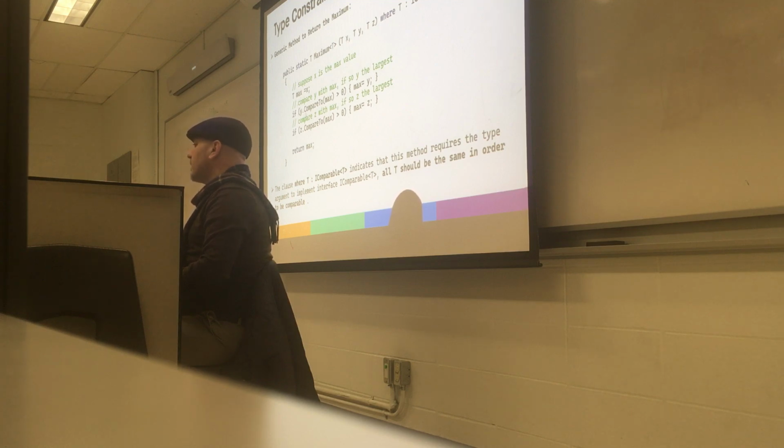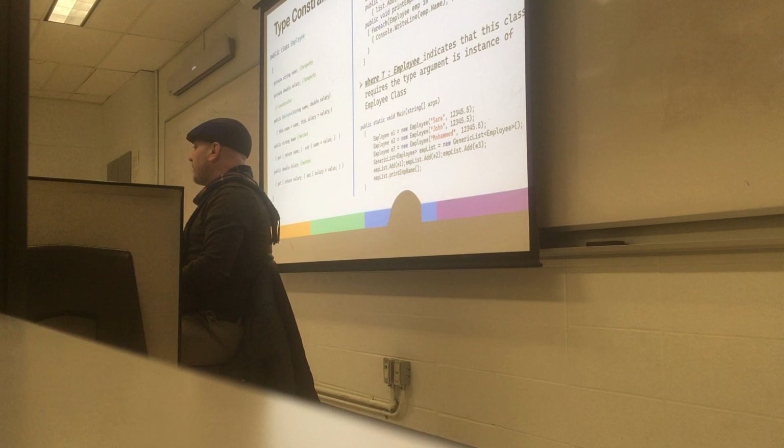If Y.CompareTo(max) is greater than 0, that means Y is greater than max, so assign Y to max. If Z.CompareTo(max) is greater than 0, that means Z is greater than Y, and assign Z to max. At the end of this method, return max. So where T: IComparable<T> indicates that the method requires the type arguments to implement the interface IComparable<T>. All T should be the same in order to be comparable.